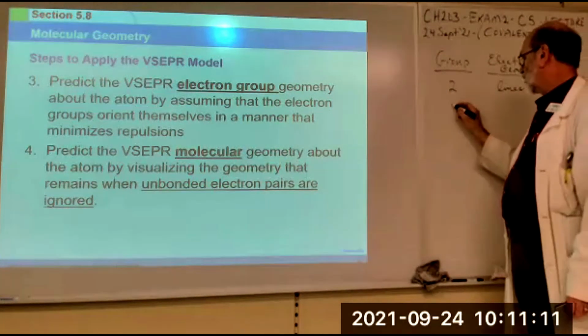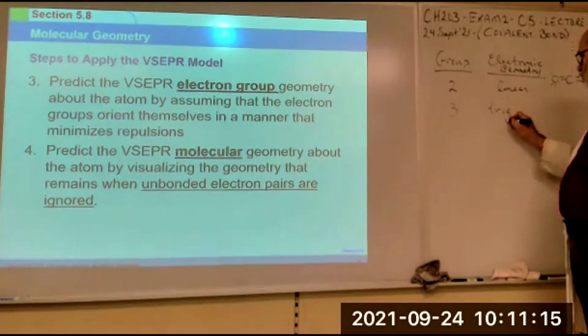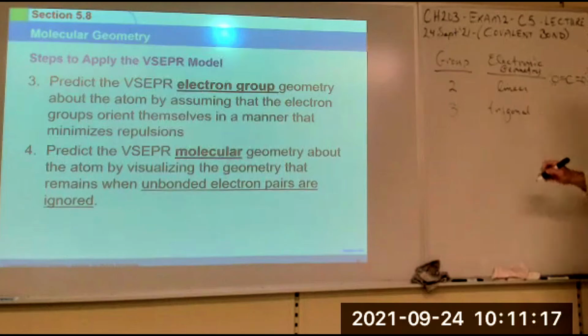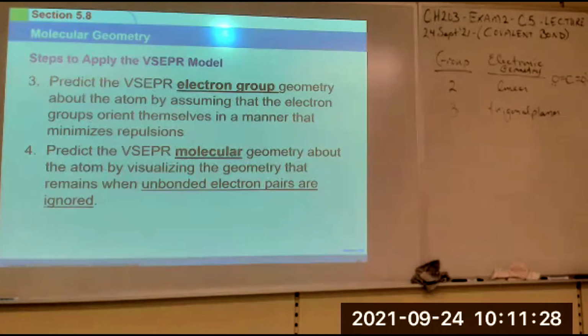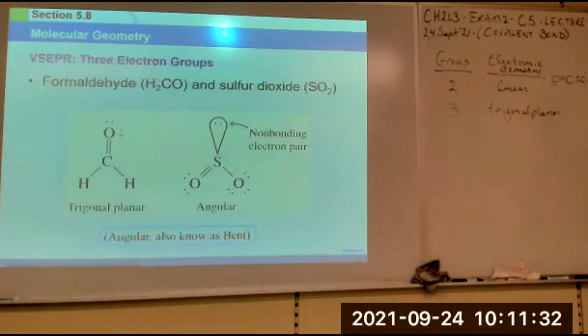If you have three, you have what we call trigonal planar, like a triangle. For example, maybe they've got some examples here for me. Well, there's linear, two electron groups.